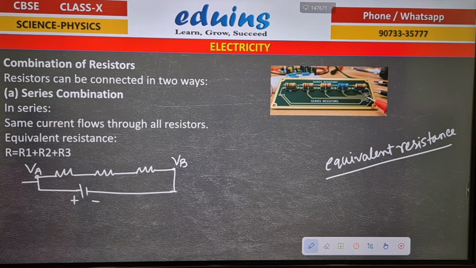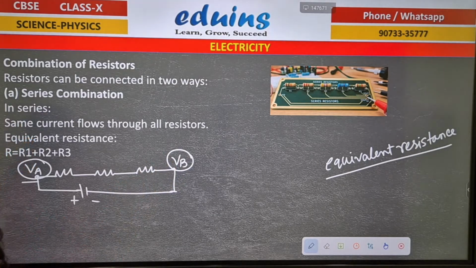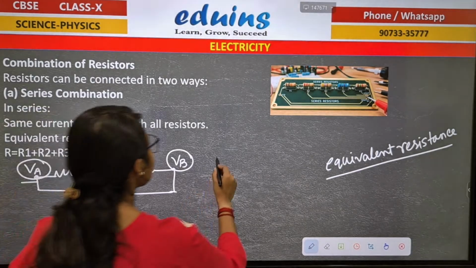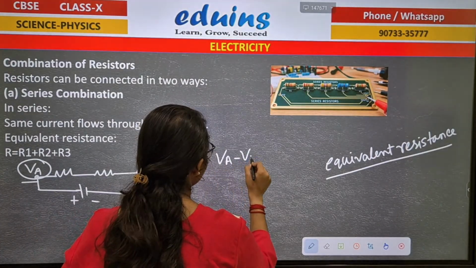For the positive terminal VA is the potential and for the negative terminal VB is the potential. So for these two points, the potential difference is VA minus VB.